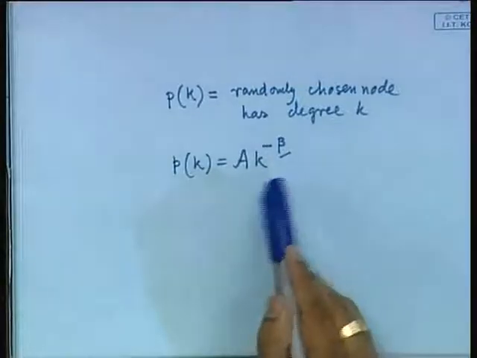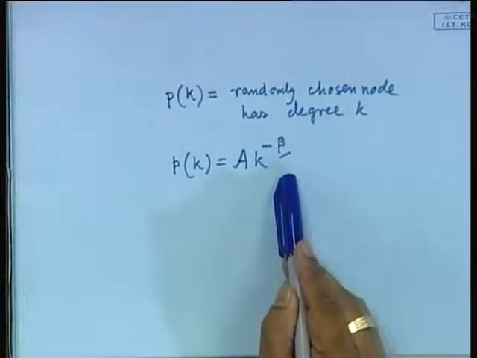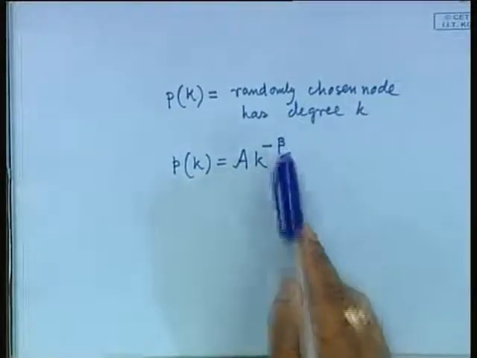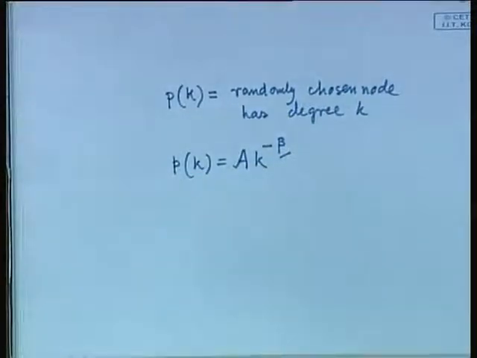These kinds of degree distributions are called power laws, because you have k to the power minus beta. They occur very frequently in nature, and are also called scale free. Okay, so this is more or less what we wanted to talk about, degree centrality.